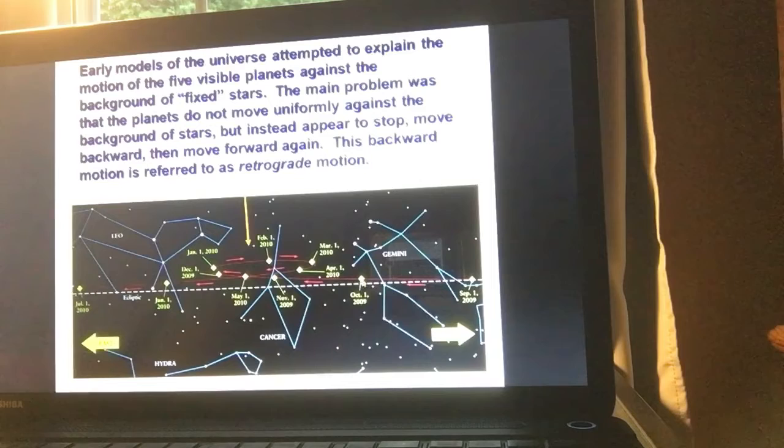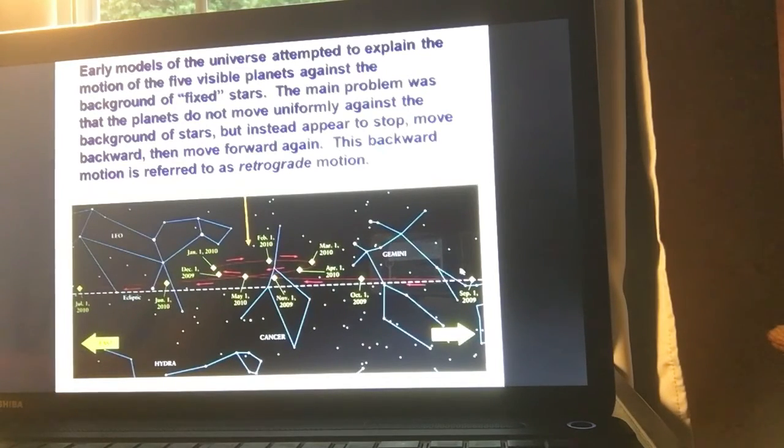And then October 1st, 2009, the planet moves to this position. It continues to move until some point around January 1st, 2010, when it starts to move in the opposite direction, and then until sometime around March 1st, 2010, it changes direction again, and then keeps moving towards the east direction.